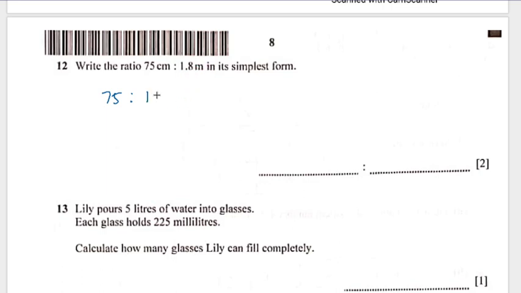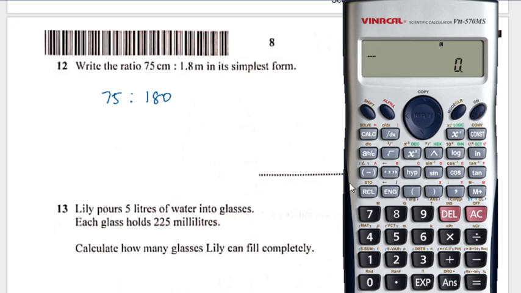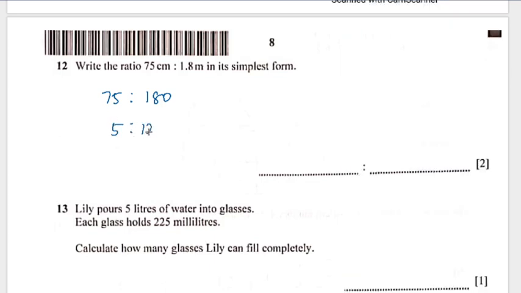So I will get 180. Then you just divide. Make sure it's the simplest form. In this case, since it's paper 2, you can just use a calculator. 75 over 180, and then you just press equal. You can get 5 to 12. So that's how you get 5 to 12.